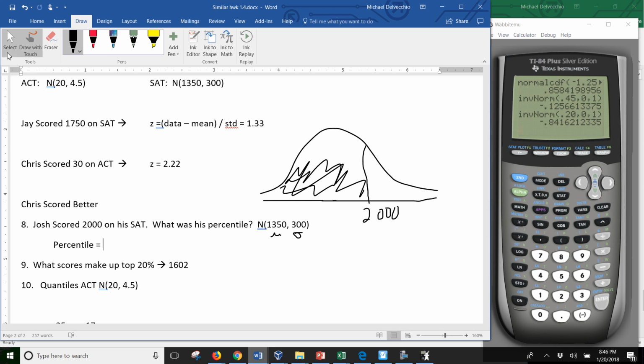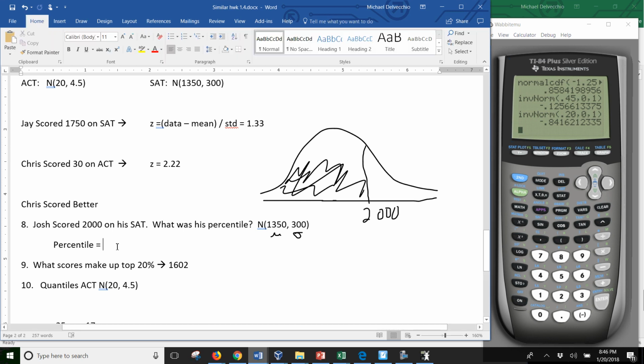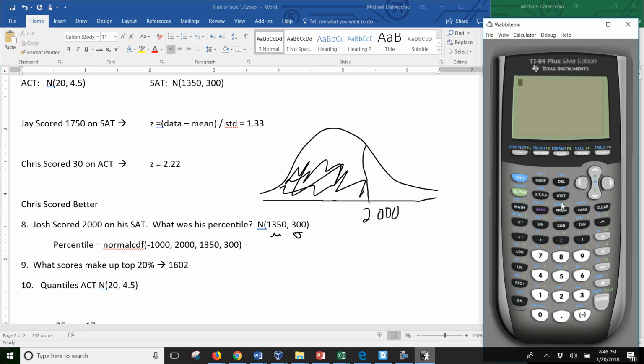So this would be the normal CDF. Lower bound, we'll just pick like negative 1,000. Upper bound, we'll pick 2,000. The mean will be 1350, and the standard deviation 300. Okay. So if I were to put that in my calculator, let's see, second vars.